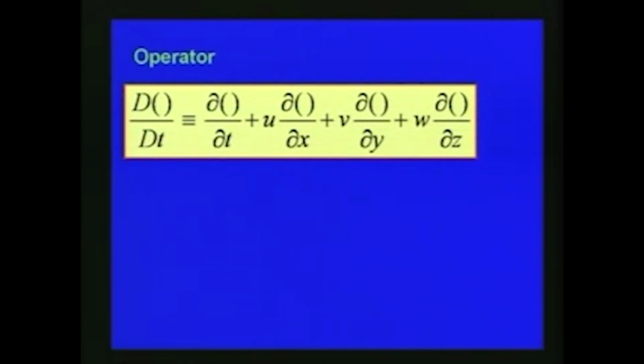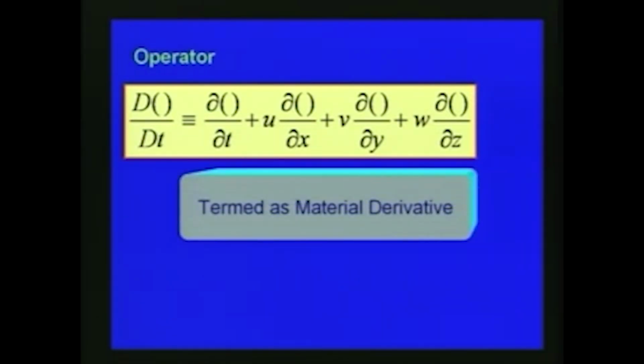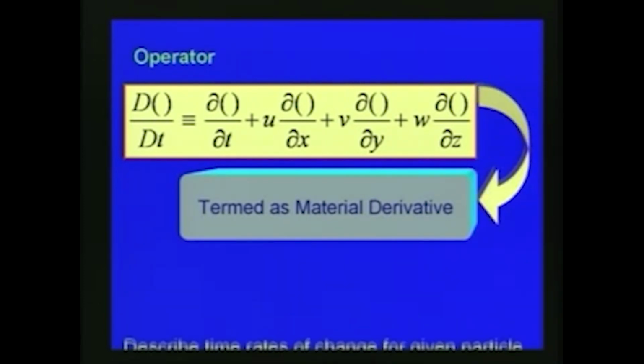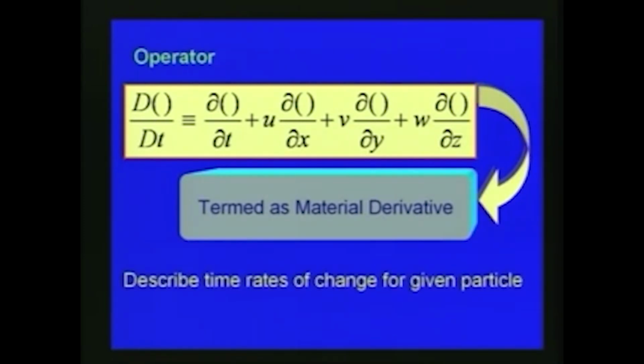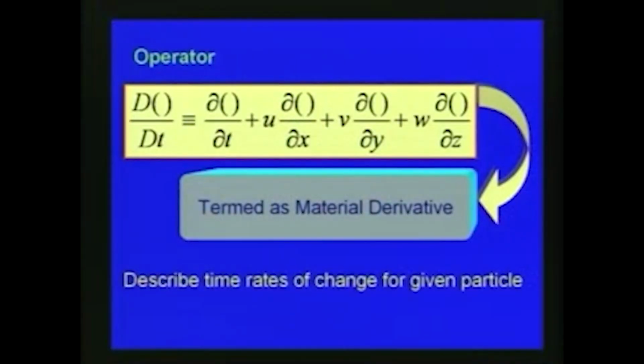We have also seen, when we discuss the fluid flow parameters, that we describe the time rate of change for given particles with respect to local and convective cases, as shown in this slide, and this is called the material derivative. These things we have discussed in the last lecture.